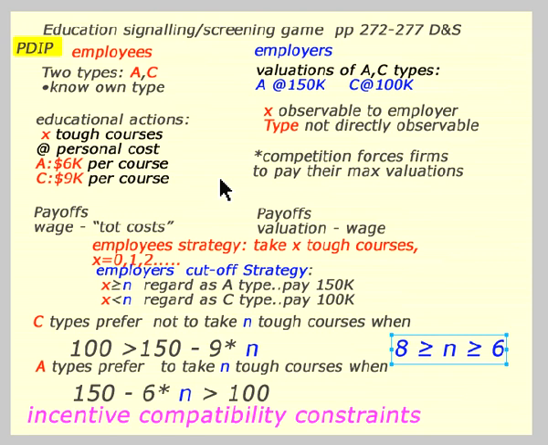But it also could be just performing a signaling function for employers to be able to screen out able people from unable people. So that's the idea of educational signaling. It's a solution to the adverse selection problem, which is otherwise people are just going to pool, and employers would pay an average wage. The able types would think, well, it depends what their supply price is. They don't want to work at that wage, and employers can only get less able.